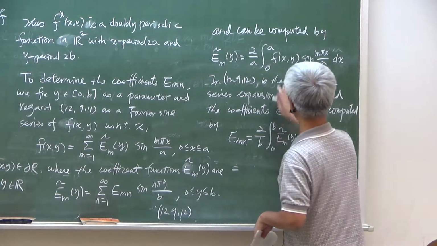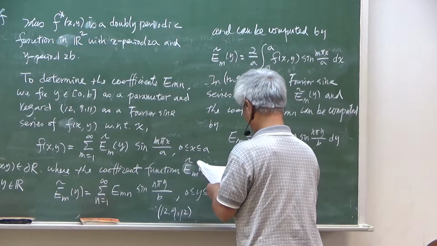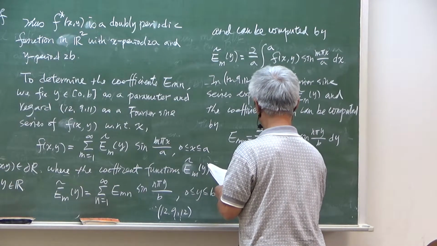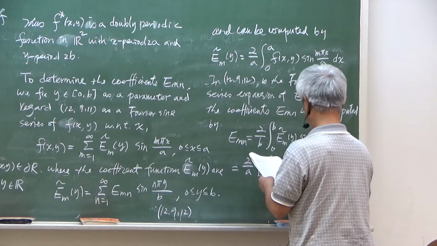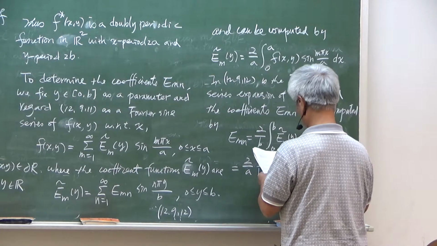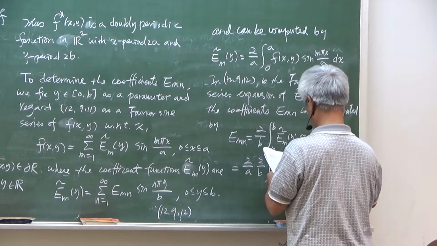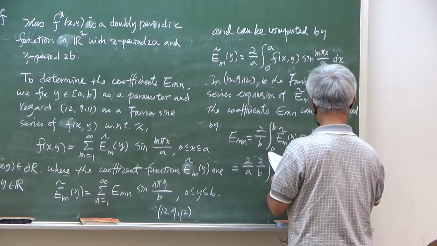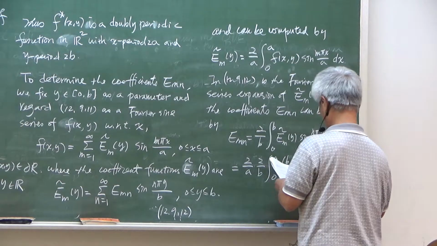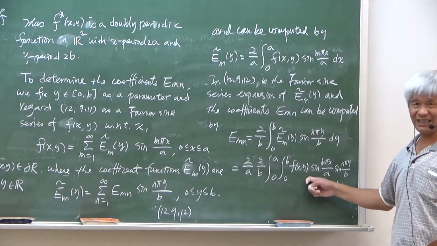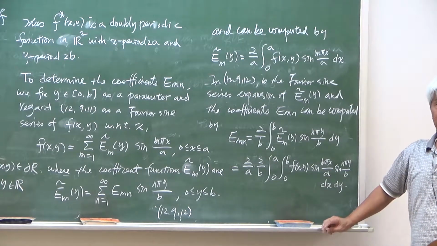Now we do the substitution here. So we have 2 divided by a, 2 divided by b, integral from 0 to a, integral from 0 to b, of f(x, y) sine(m pi x / a) sine(n pi y / b) dx dy. So this is indeed the double Fourier sine transform.